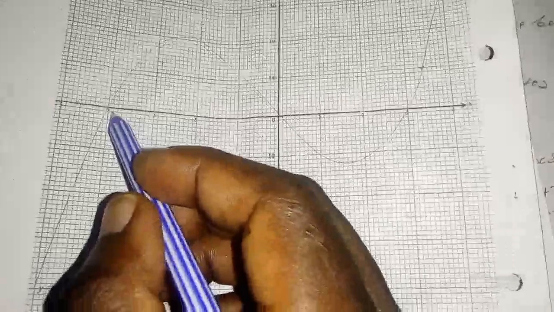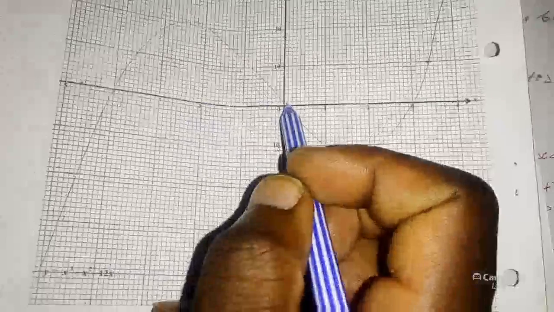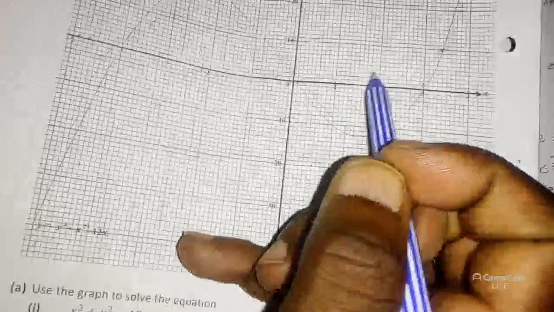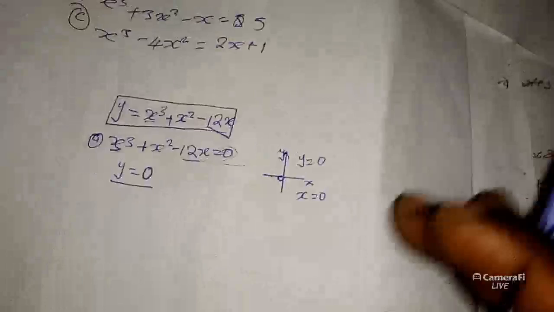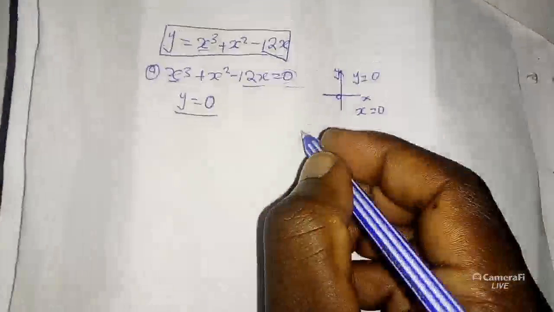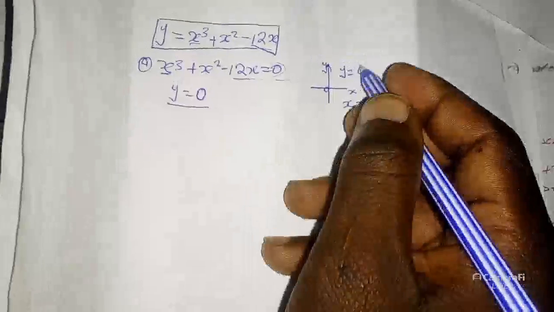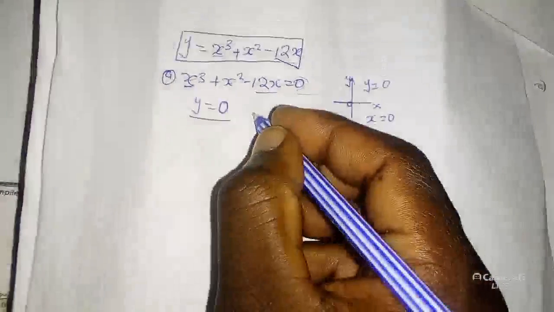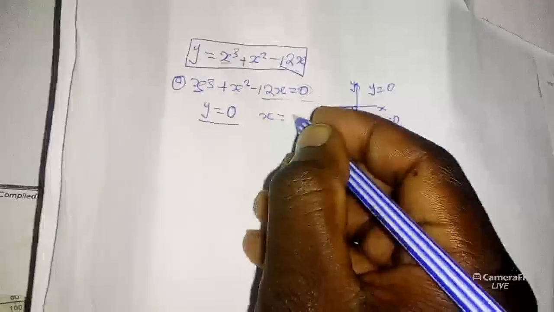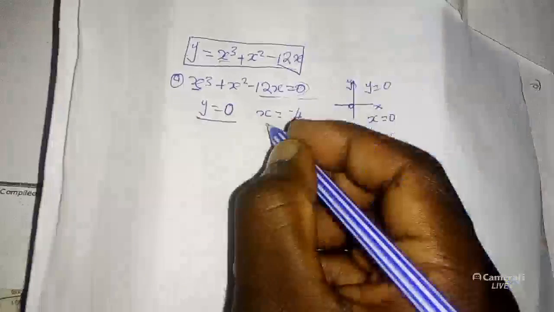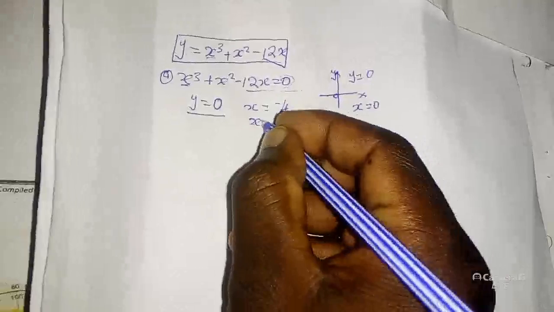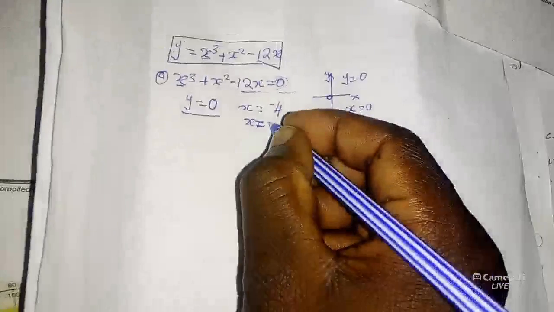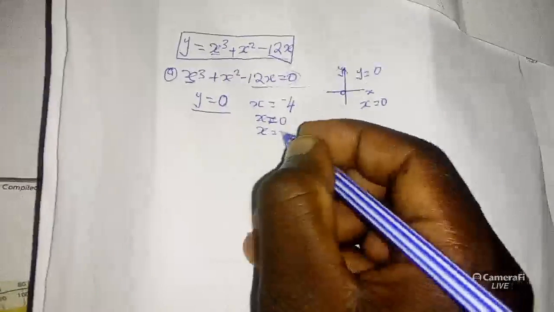This is the first point where x is equal to -4. And this point here where x is equal to 0, and this point here where x is equal to 3. So I'll write that when y is equal to 0, the graph crosses x at x is equal to -4, another one x is equal to 0, and the last one x is equal to 3.